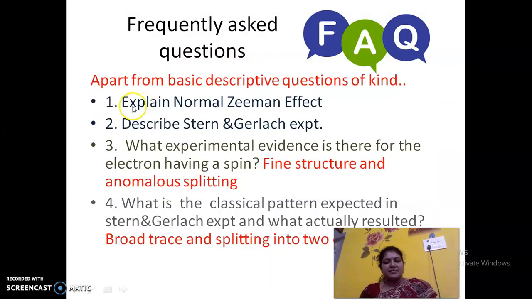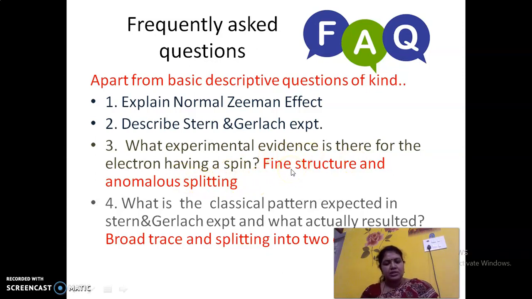Now we have seen the three different concepts: electron spin, normal and anomalous Zeeman effect, and Stern and Gerlach experiment. The frequently asked questions would be the basic descriptive questions of the kind: explain normal Zeeman effect, describe Stern and Gerlach experiment. And apart from that, we can have tricky questions like what experimental evidence is there for electron having a spin.